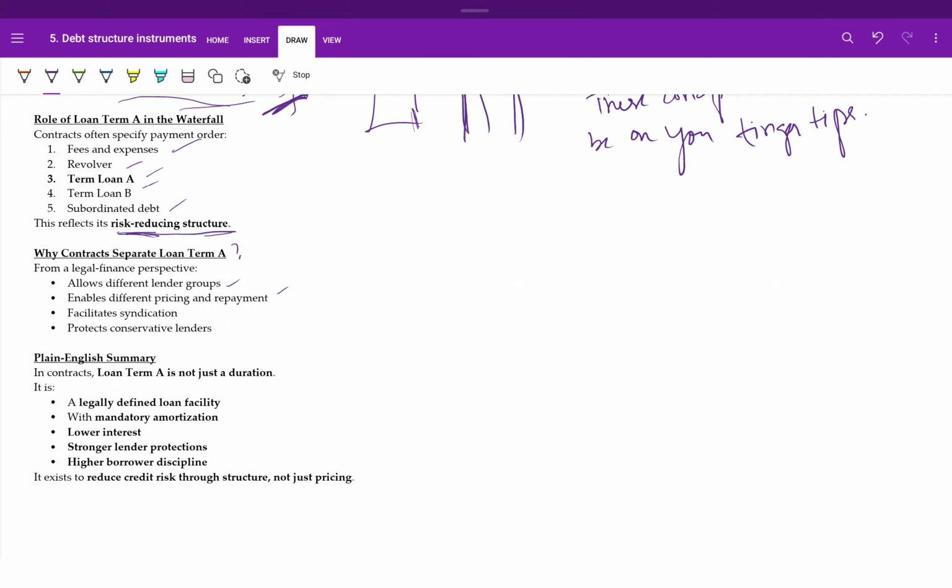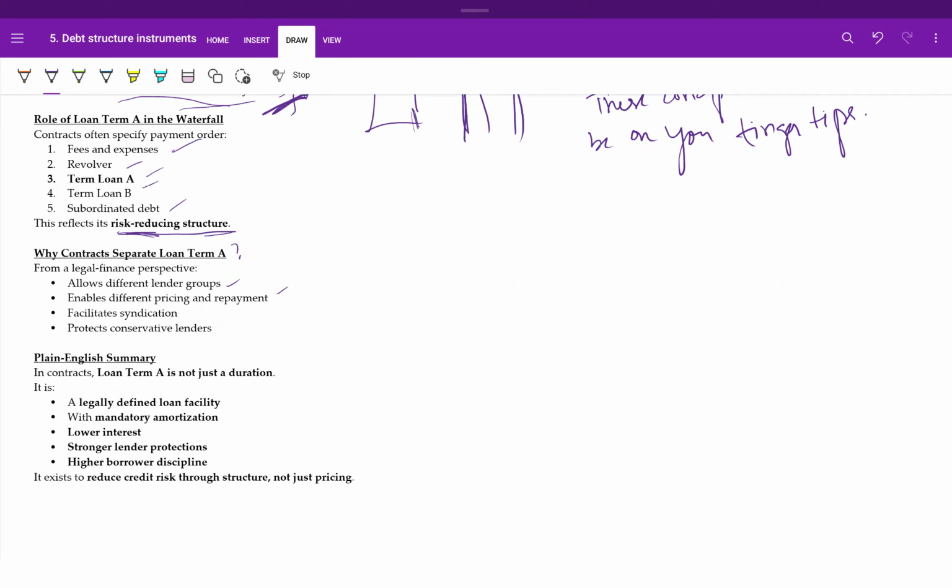So this modular structure is intentional, not cosmetic. It is actually intentional, so understand this.